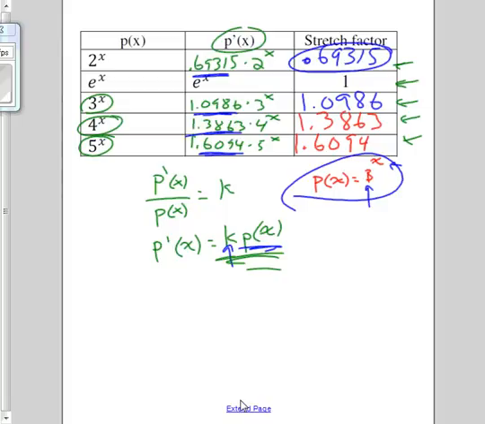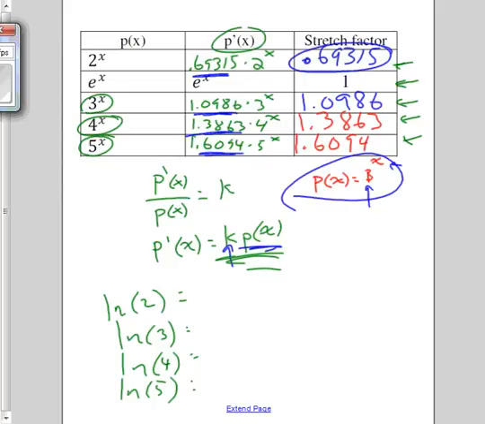I want you to go ahead and find these values on your calculator. So take out your calculator and find ln of 2, ln of 3, ln of 4, and ln of 5. Find these values. I'm pausing this video right now, so press pause on the video, find these values, and then press unpause.